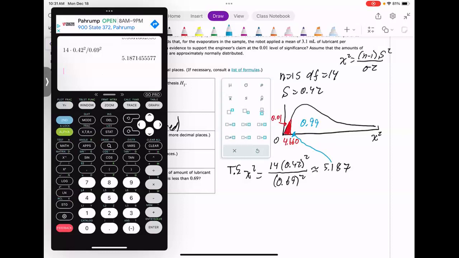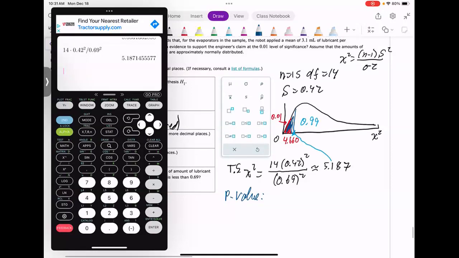I'm also going to find the p-value. Again, the p-value is this area here, all of that area. You'll note I'm in the left tail because 0.42 is less than 0.69. So this is going to be chi-squared CDF from 0 to 5.187, comma.